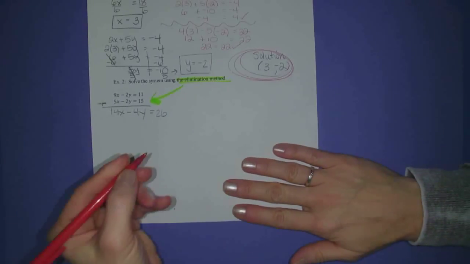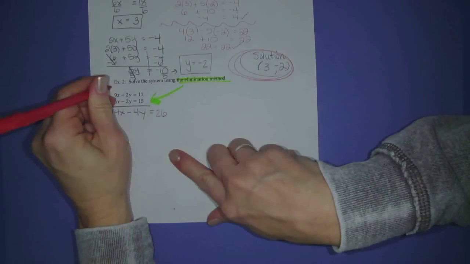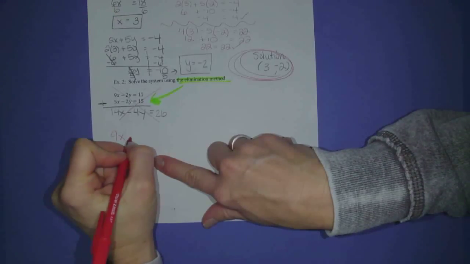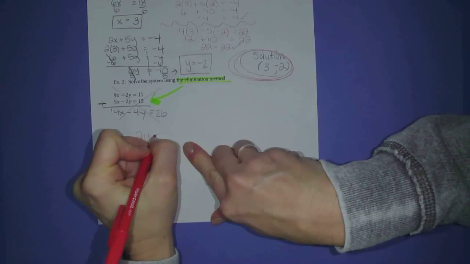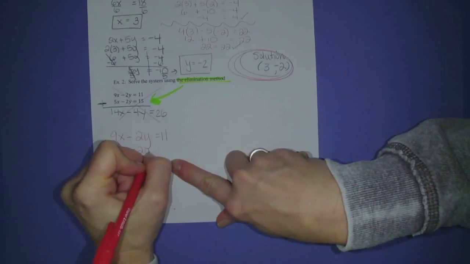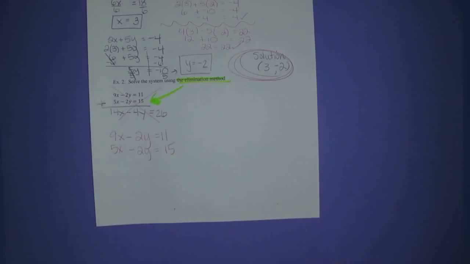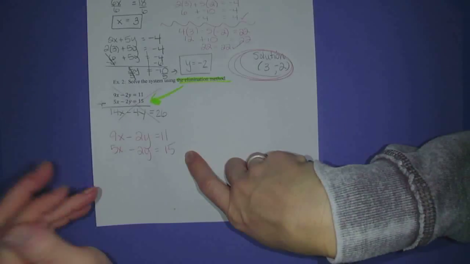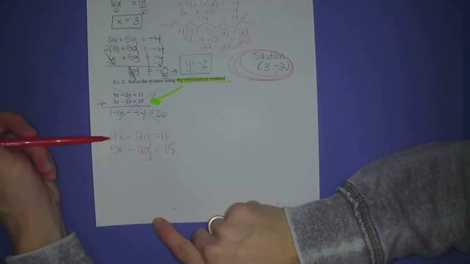So that strategy right there did not work. So what I'm going to do is I'm going to recopy this problem. I'm going to kind of X this out. That didn't work. Let me recopy the two equations. 9x minus 2y equals 11 with 5x minus 2y equals 15. So we have to be a little more clever now. We've got to sort of force the elimination to happen by doing something. So here's my thought.